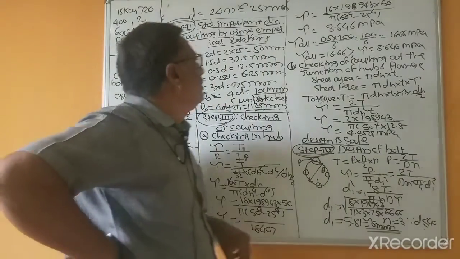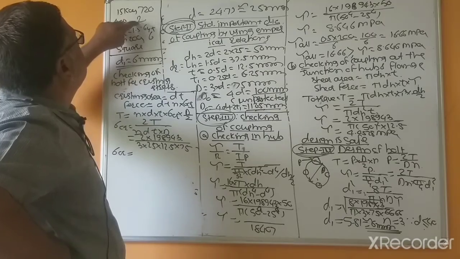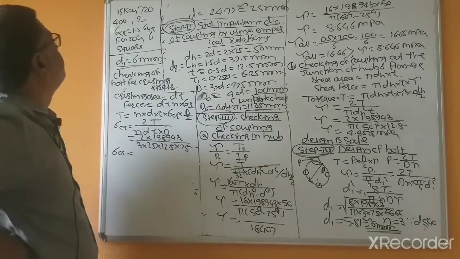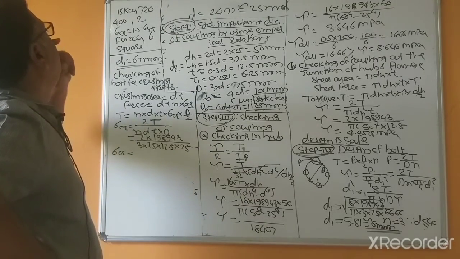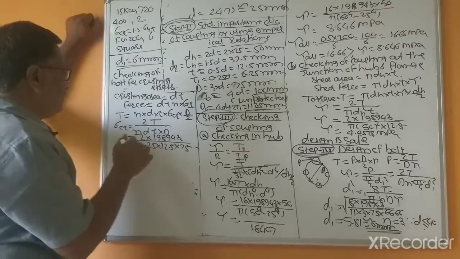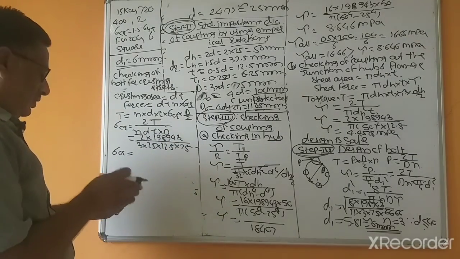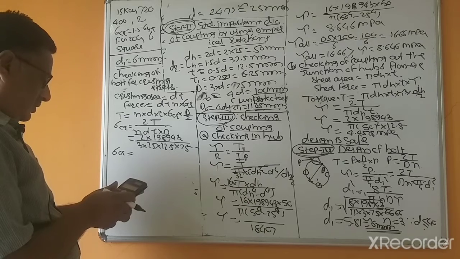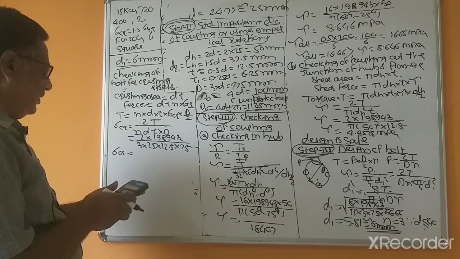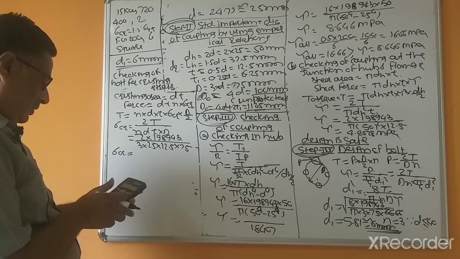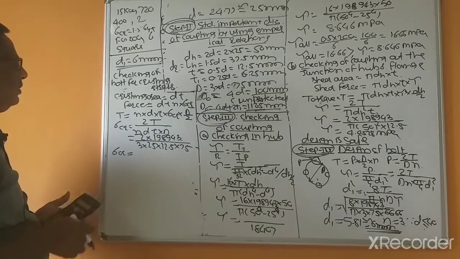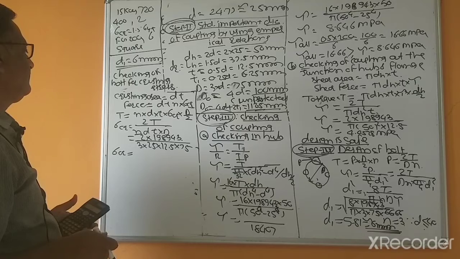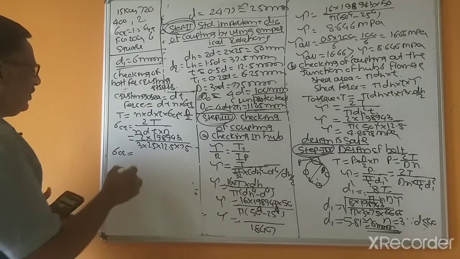So I made a mistake; consider this factor of safety equal to 2. So crushing stress equal to 300 megapascals. 98943 multiplied by 2 divided by 3 divided by 25 divided by 12.5. This is 5.65.